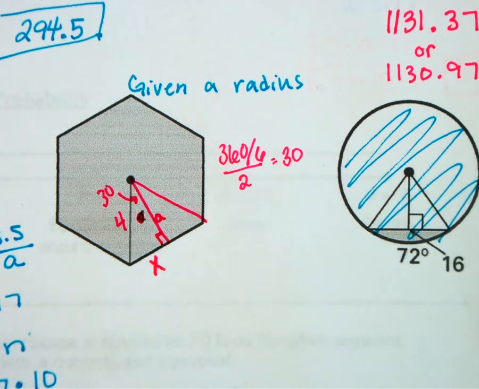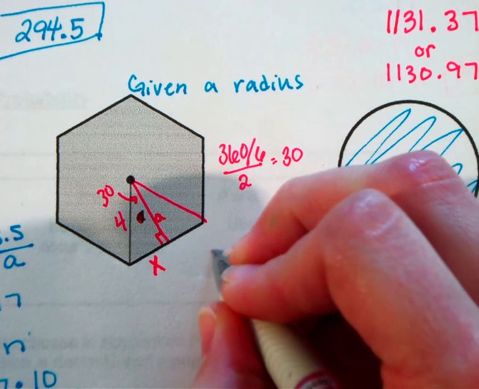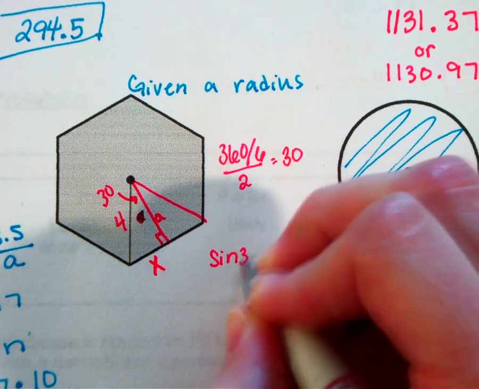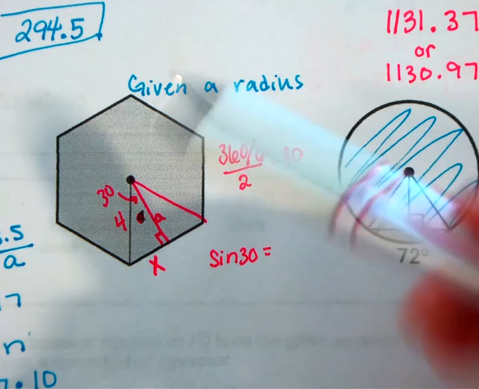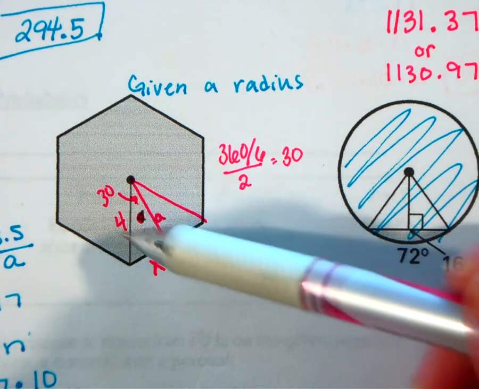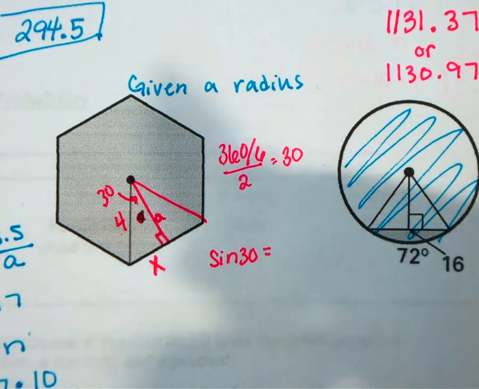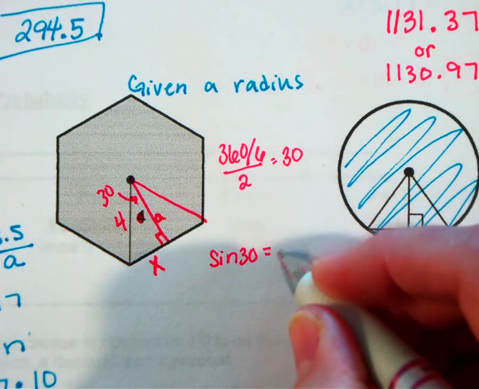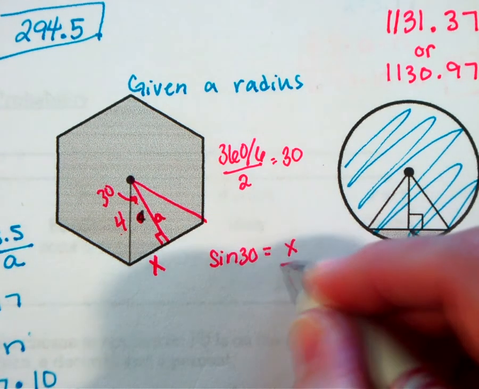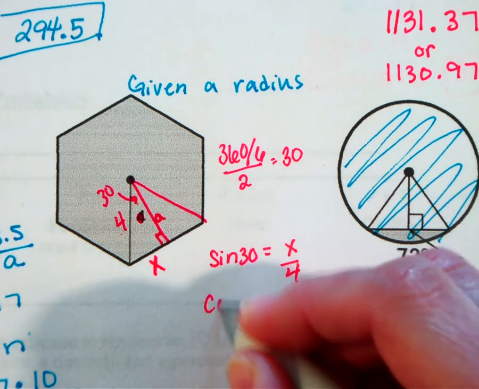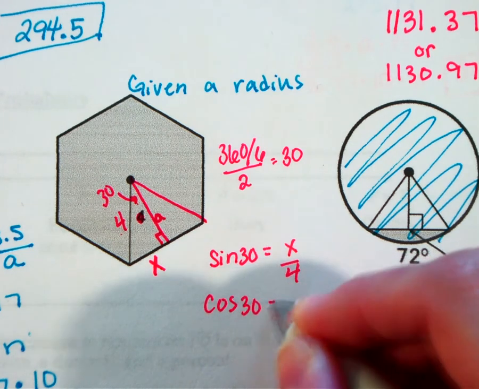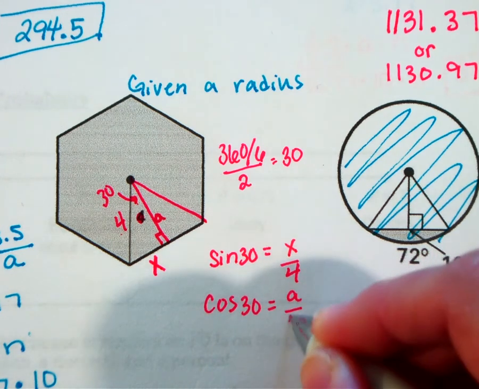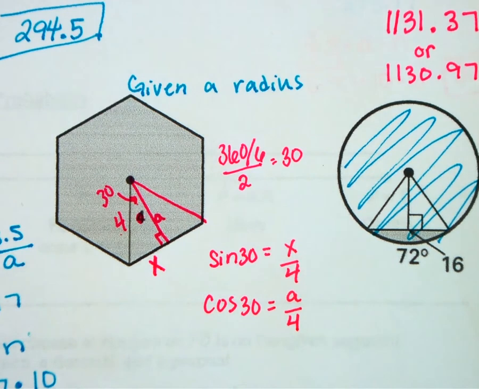And because it's the hypotenuse, we got to use our sine and cosine. So sine of 30 degrees is going to give me opposite over hypotenuse. So that's going to be x over 4. And cosine of 30 is going to be a over 4.